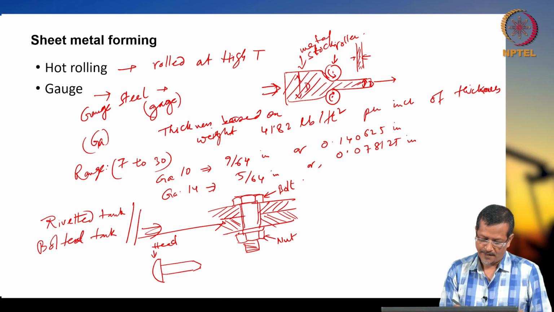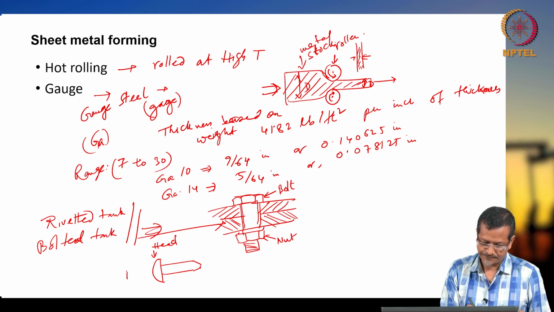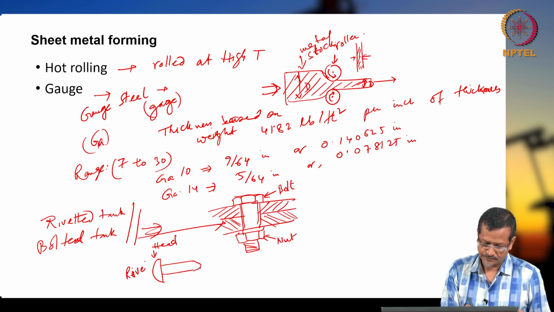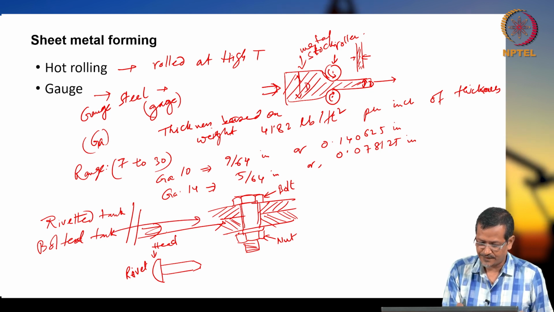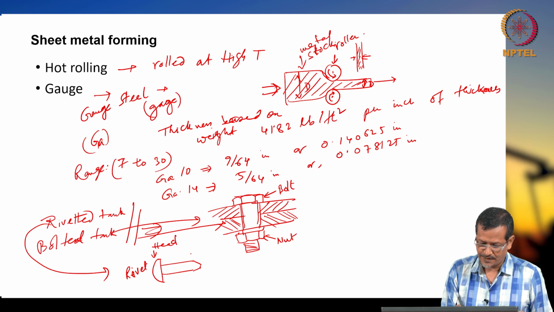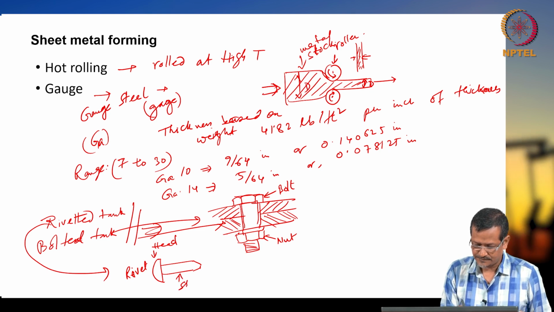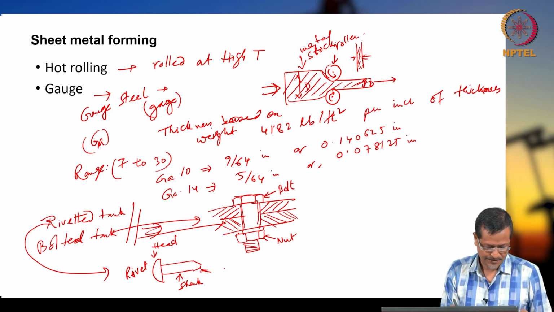Okay. And this is the bolted tank, and this one is riveted. So, a rivet will have a shank, and this is the tail.